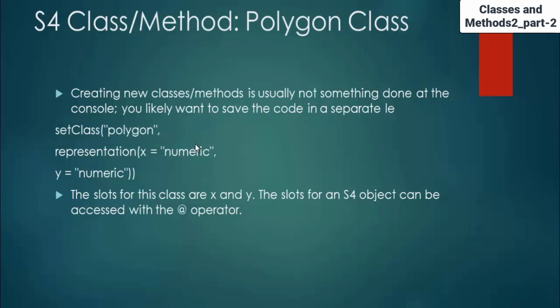Now the class is created. So again, the slots for this class are x and y. The slots for an S4 object can be accessed with the @ operator, the at-the-rate-of operator.